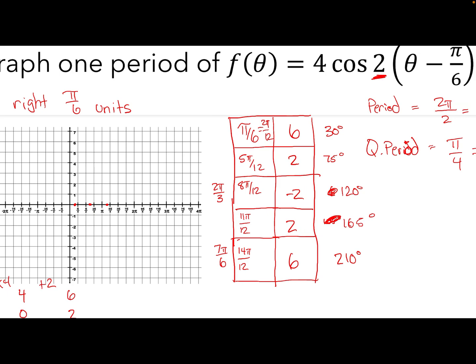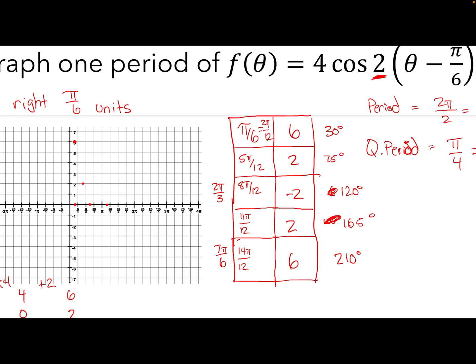And then the pi over 12 values are going to be halfway points between each of these circles. So first we need to start at pi over 6, so we're going to start our graph up here. And at 5 pi over 12, halfway between, we'll say is around here.